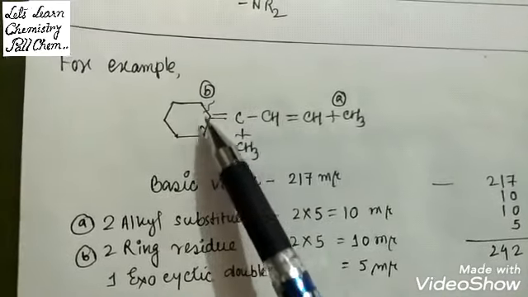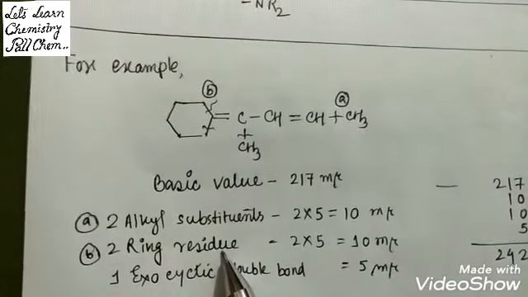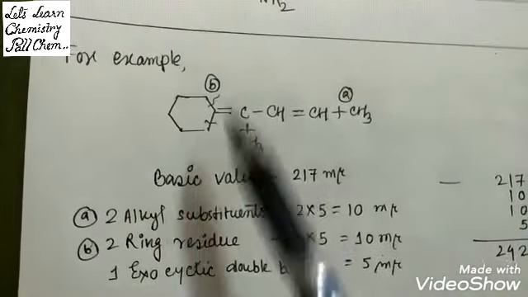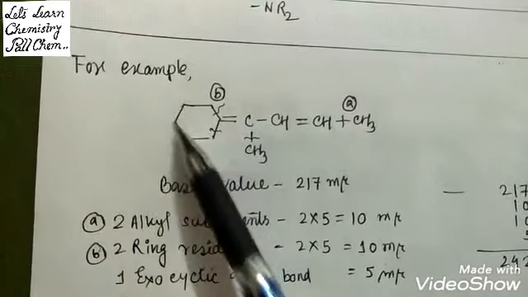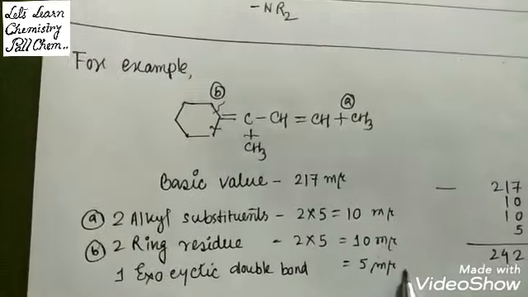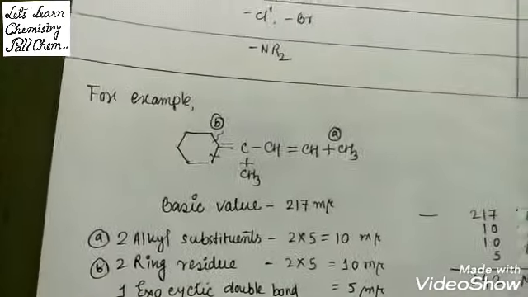These are also substituents, but they are part of the ring. So 2 ring residues, that is 2 into 5, 10 nanometer. One exocyclic double bond. So the ring is bonded with an exocyclic double bond. So that is 5 nanometer. So the total value is 242 nanometer.